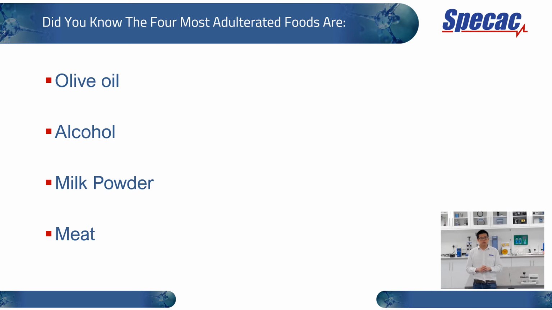Now, did you know that the 4 most adulterated foods by research are olive oil, alcohol, milk powder, and meat? So I found that to be quite interesting.